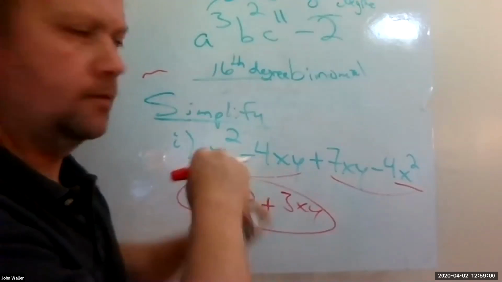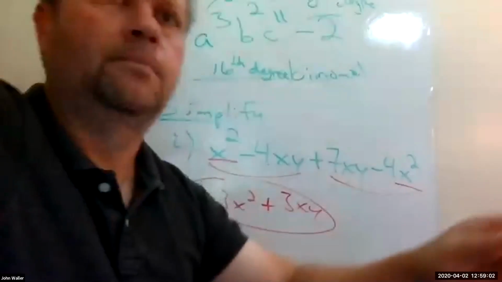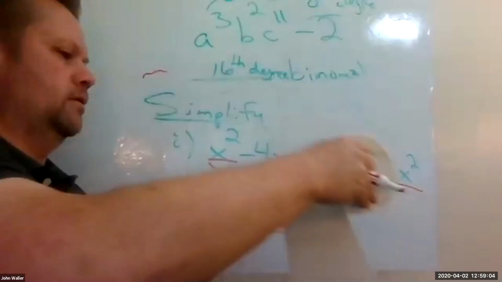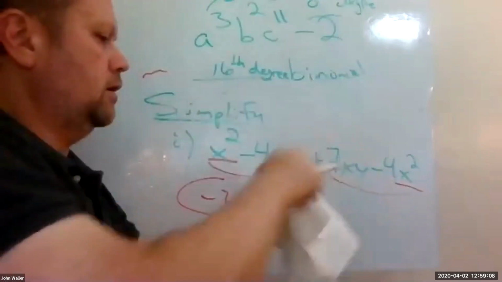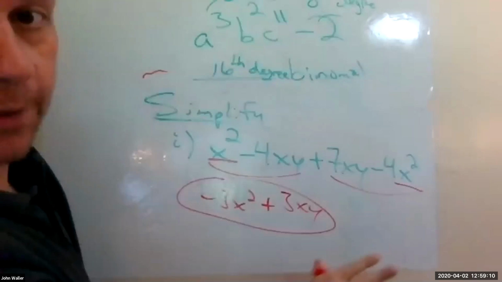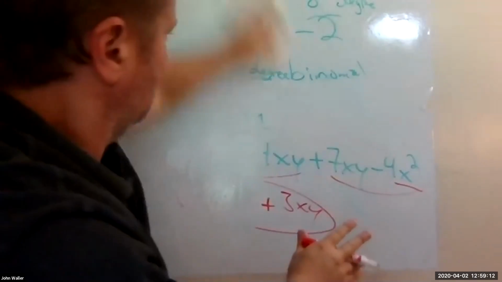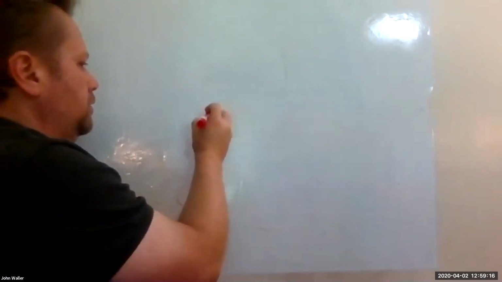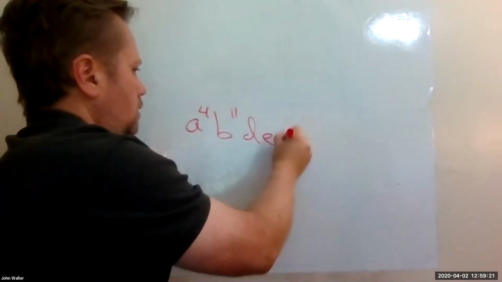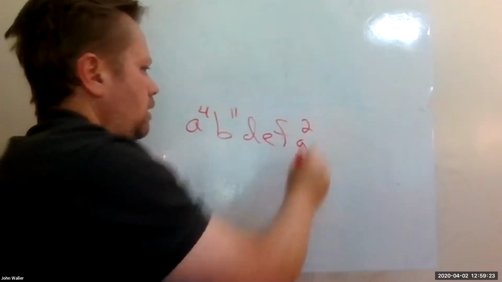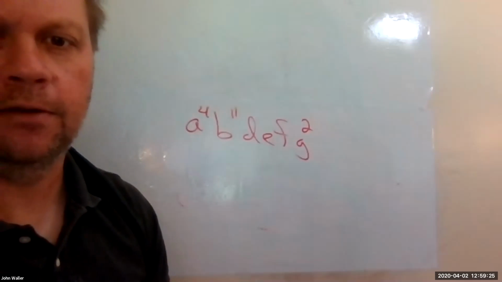I need more eraser. Okay. Come here, you. I'm going to take all this away. So, for example, if I had this, how many terms is that?